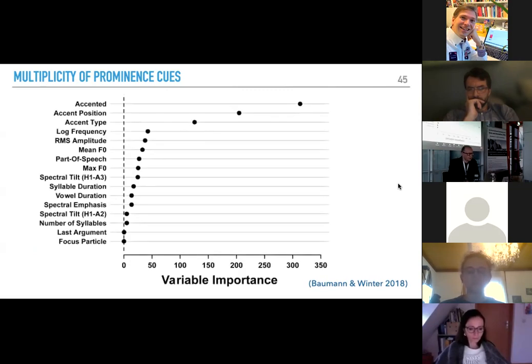In the second step, we wanted to know which of these variables are more important than others. And for that, we conducted an exploratory random forest analysis, which is a data mining algorithm that uses all variables to predict prominence, using the p-score as a dependent variable, which is the proportion of the participants that underlined a word as prominent.